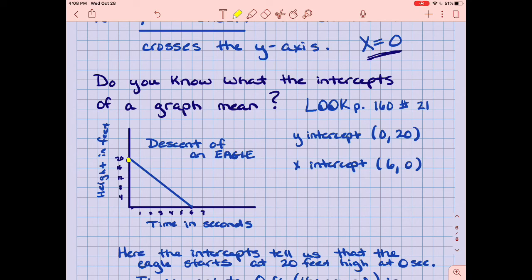And then notice the line coming down. This is the descent of an eagle, and at 6 seconds, the eagle is at 0 height. So the x-intercept here means that it took 6 seconds for the eagle to get down to the ground.